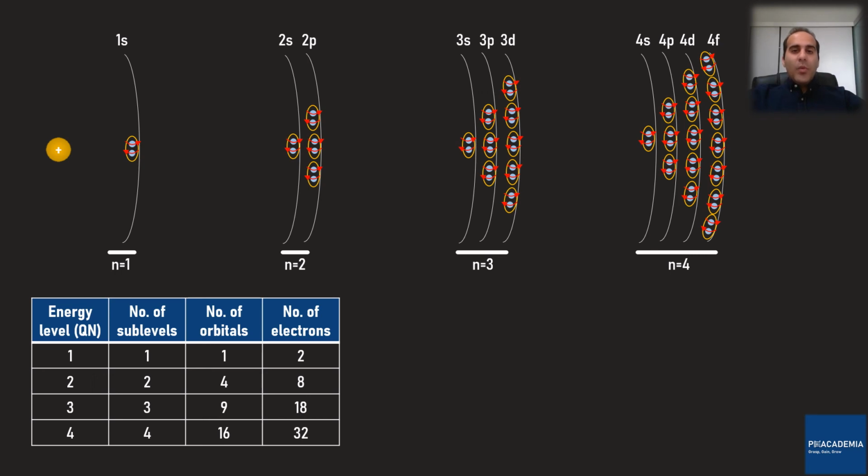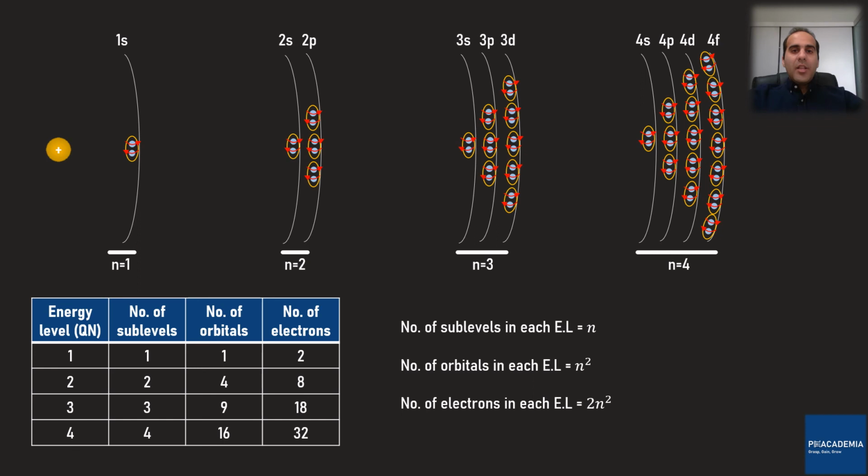Using this table, we can come up with three equations. One to calculate the number of sublevels in each energy level, one to calculate the number of orbitals in each energy level, and one to calculate the number of electrons in each energy level. If you have these equations in memory, there is no need to refer to this table anymore.